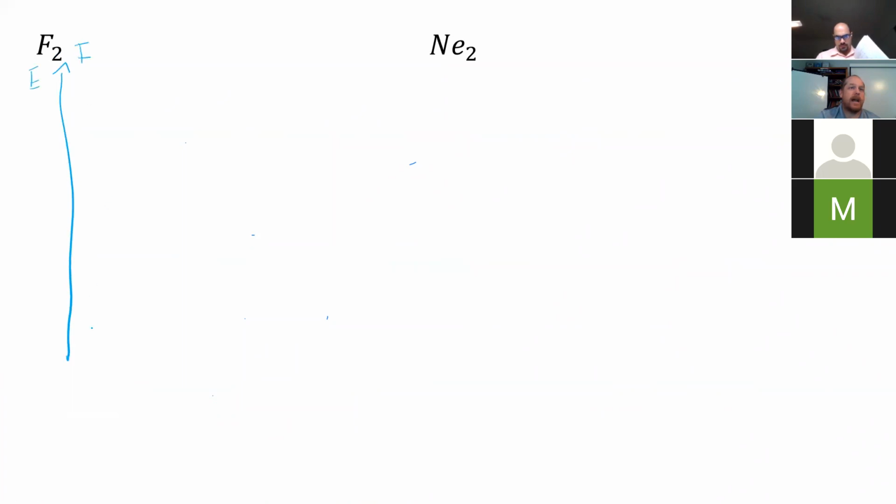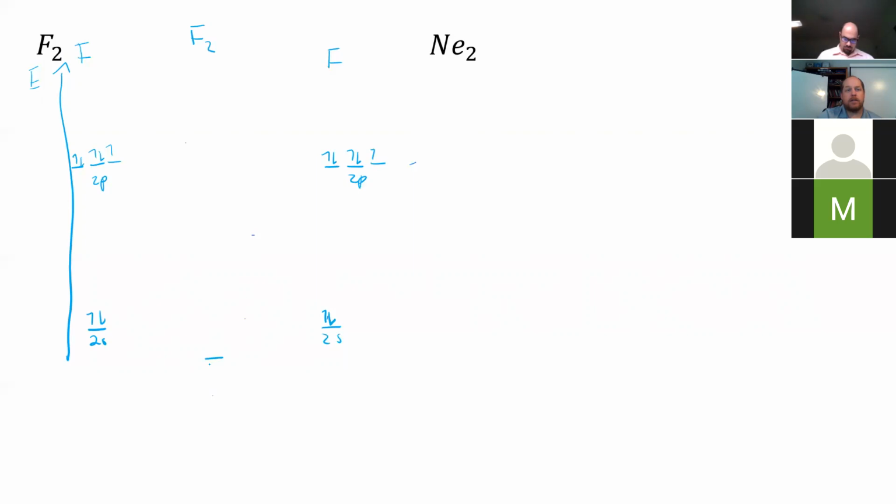So we'll have 2 fluorine atoms, with 2s orbitals and 2p valence orbitals. Each of those will have 7 valence electrons. And then we'll have our F2 molecule in the middle.